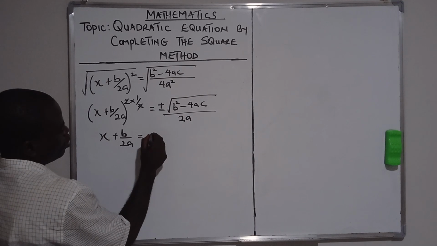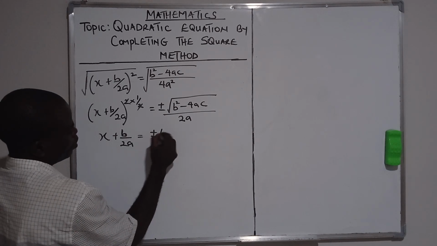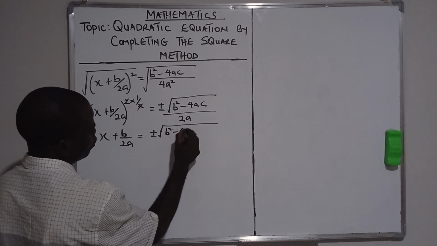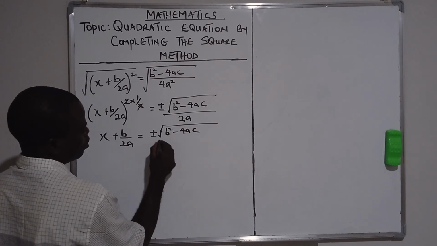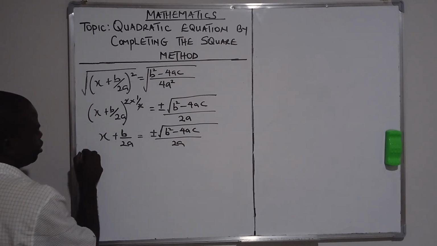x plus b over 2a equals plus or minus the square root of b squared minus 4ac over 2a.